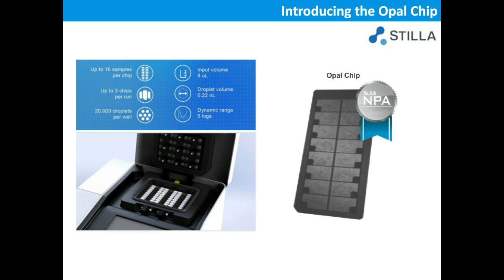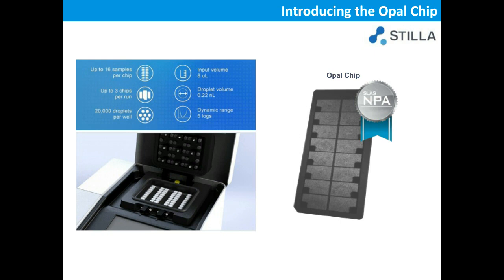The input volume, Danielle was mentioning 25 microliters. So now we'll be working with an input volume of 8 or 7 microliters. We'll be able to perform 48 samples in 3 runs in 2.5 hours. And the droplet volume is 0.2 nanoliters, which is 73 microns.